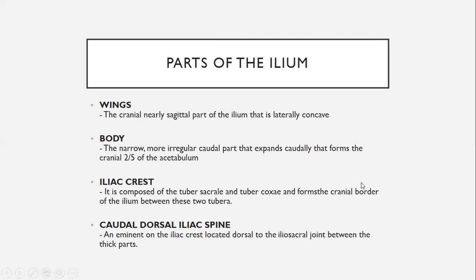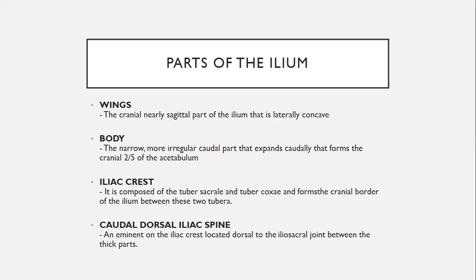So, parts. This is the wing of the ilium, the cranial, nearly sagittal part of the ilium that is laterally concave. So it's concave on the lateral portion. The body is the narrow, more irregular caudal part that expands caudally and forms the cranial 2/5 of the acetabulum.